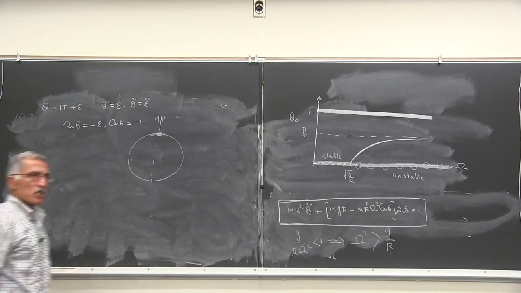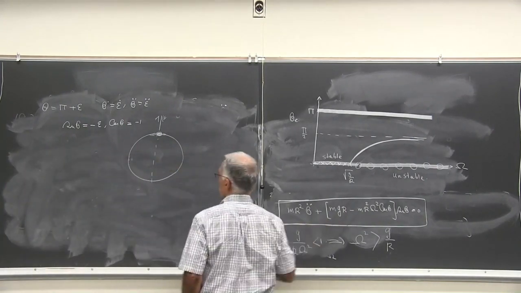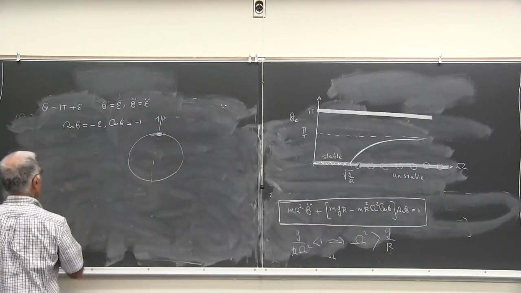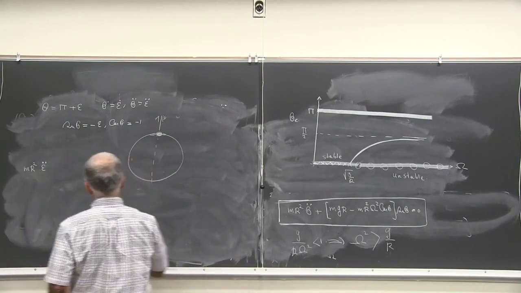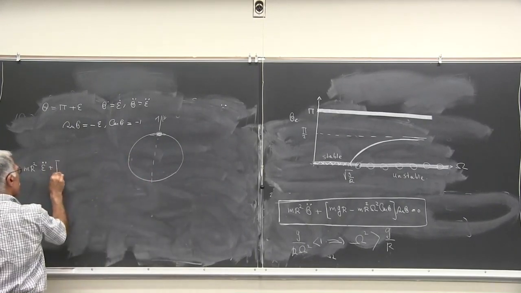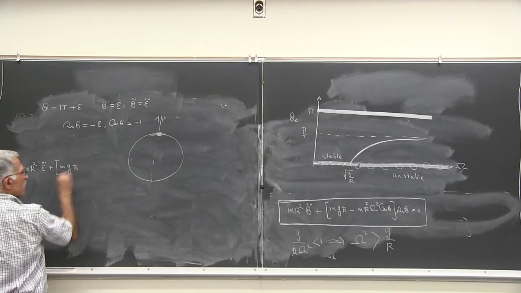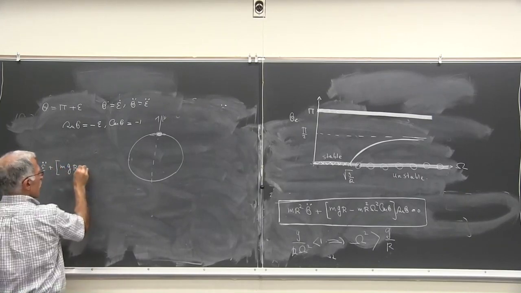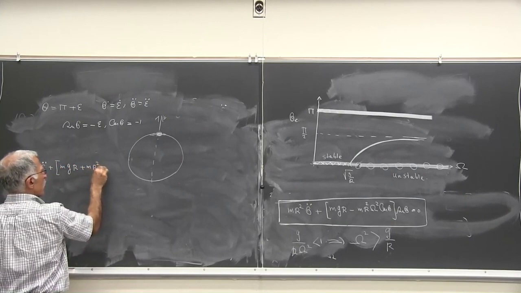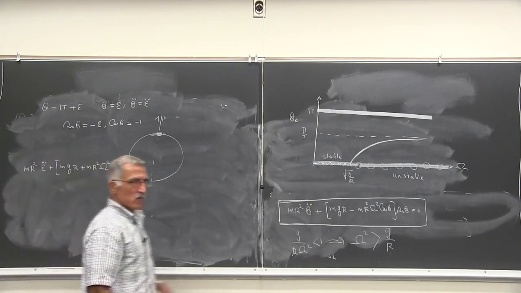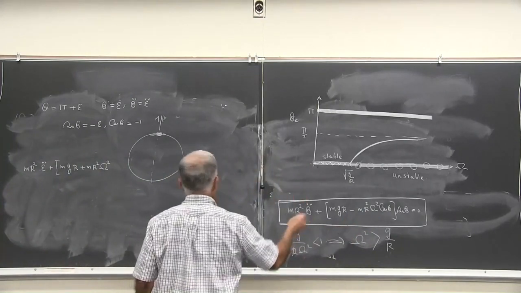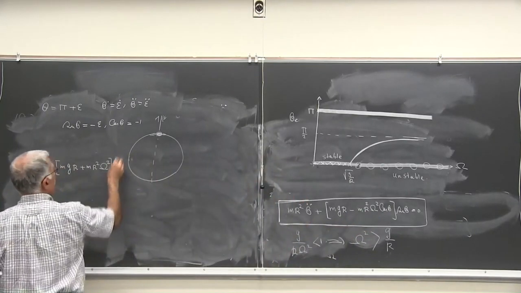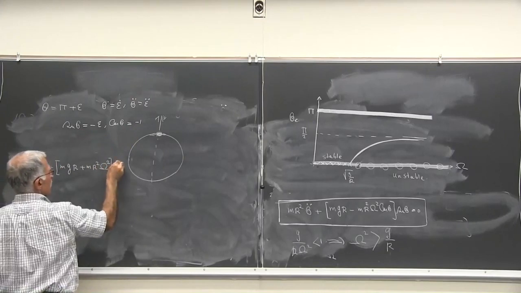Now you put it back in this equation: m r squared epsilon double dot plus m g r plus m r squared omega squared, and this cosine theta is negative, negative times negative becomes positive, times epsilon, and sine theta is minus epsilon.